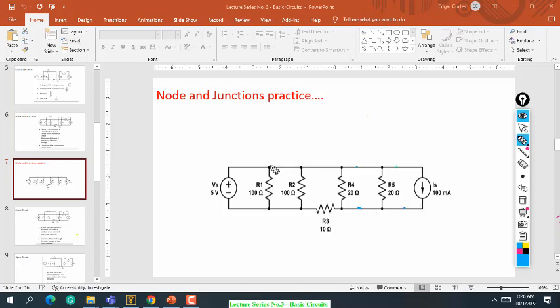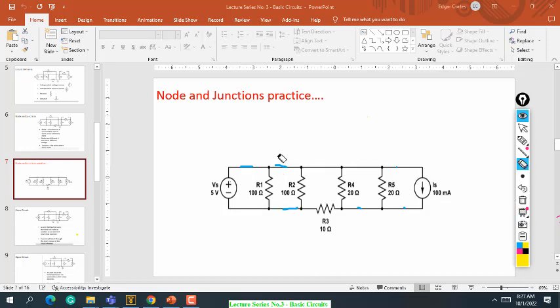Then we have circuit elements: the independent voltage source, the resistance, the independent current source, and another resistance, although no ground is placed. But how are we going to determine the nodes and junctions?